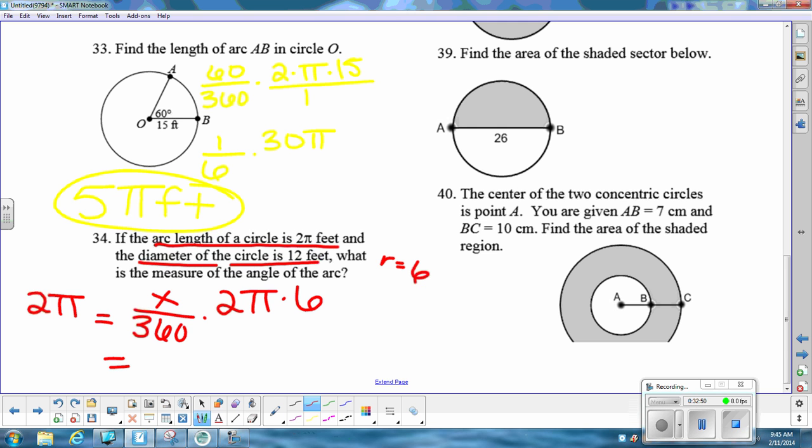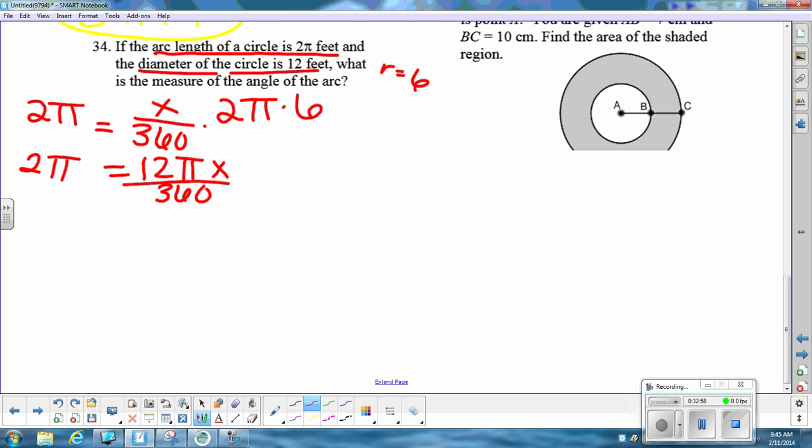Do some of this math and get 12 pi x over 360 equals 2 pi. I'm going to simplify this a little bit. 12 divided by 360 is 1/30.